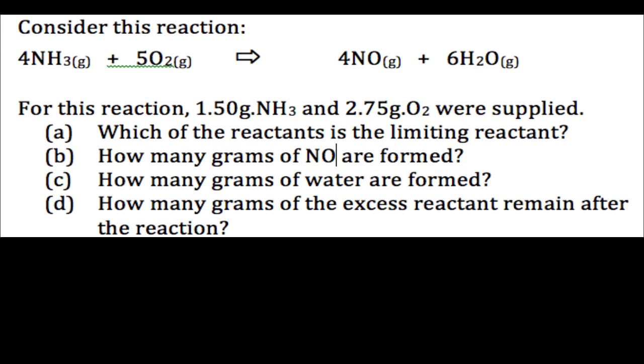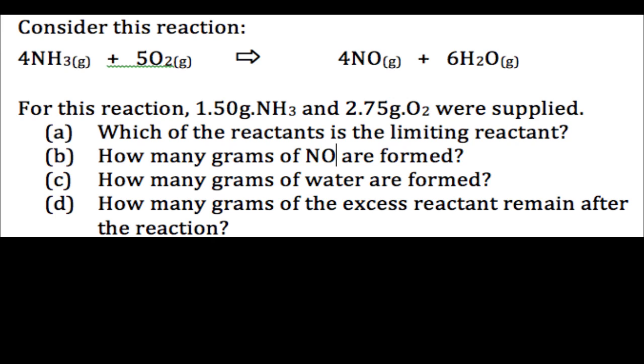There is a big clue straight away that this is a limiting reactant problem because we are given two quantities, one for each reactant. So one of them in all probability is going to be too much. We want to find the limiting reactant, the one that is going to be all used up.